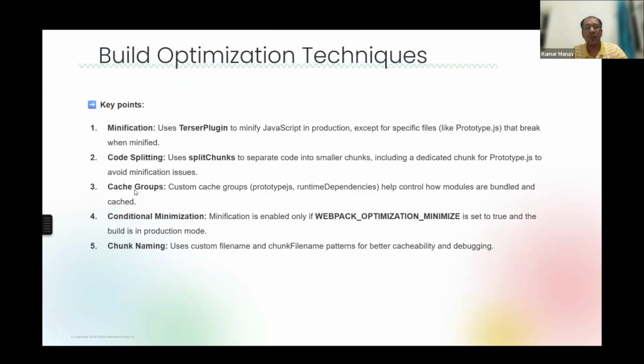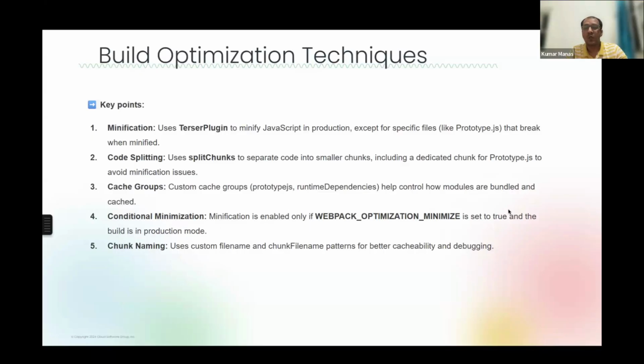We also have defined cache groups. What it does in a cache group is, if we configure something, the chunk will be created for these items separately, and it is helpful when we are doing the code rebuild. So it will remain the same.